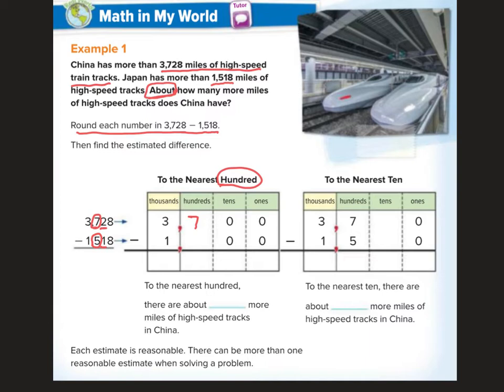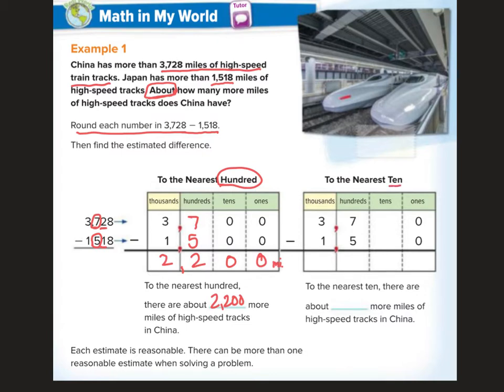The 1 tells my 5 to stay the same. Okay, if I subtract here, 7 minus 5 is 2, 3 minus 1 is 2. 2,200 miles of track. So there are about 2,200 more miles of high-speed tracks in China.